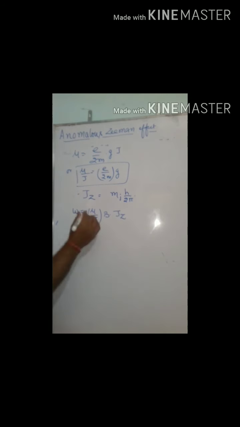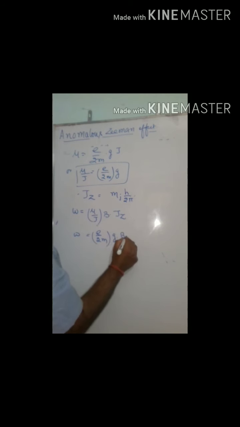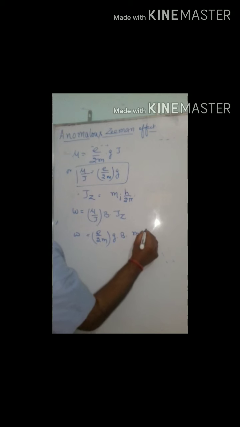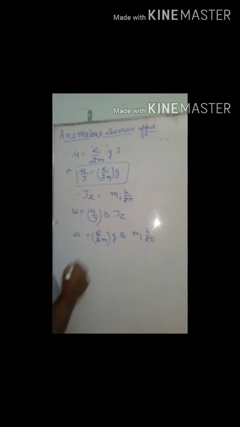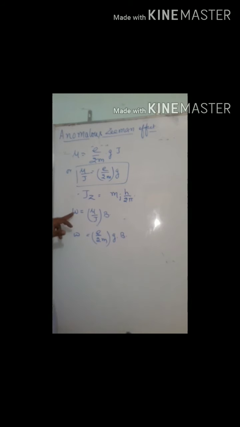So putting the values, omega comes out to be how much? Mu upon J is E upon 2m into G into B into mj into h upon 2 pi, or omega is equal to mu upon J into B, right?